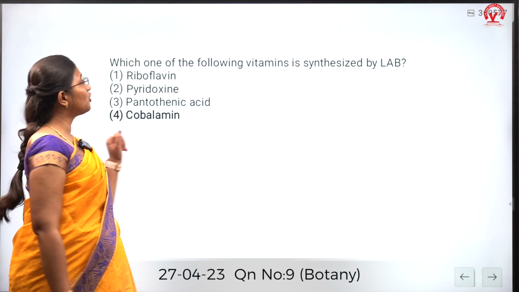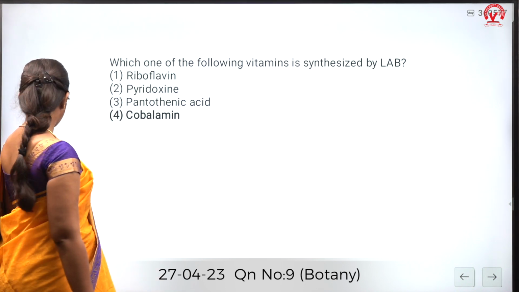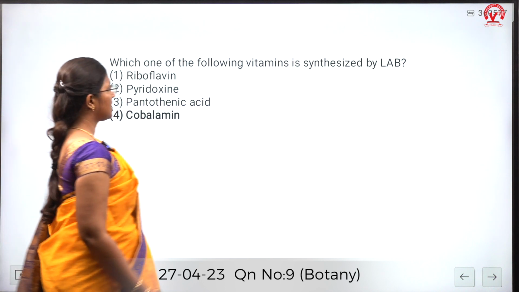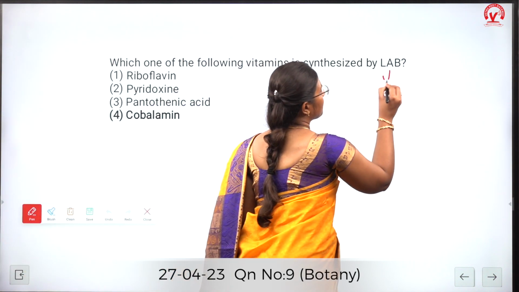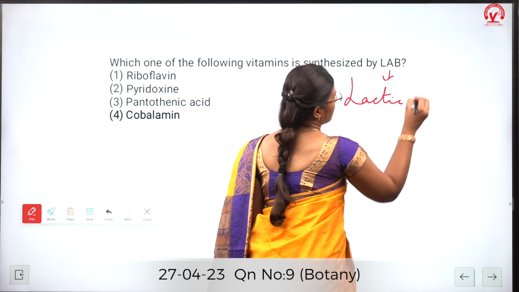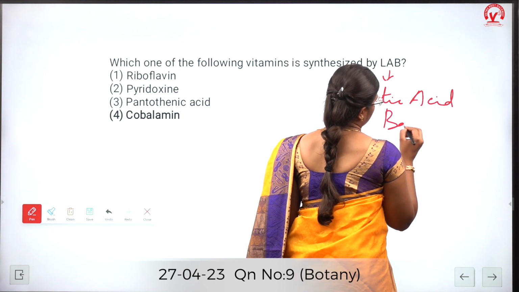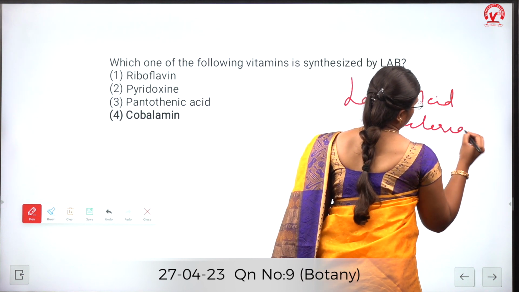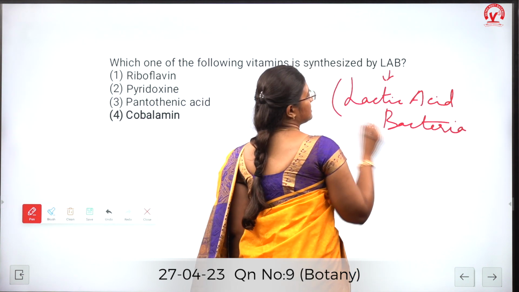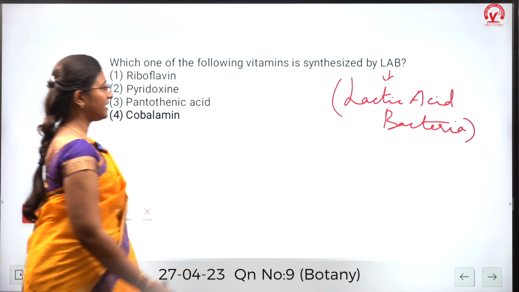Which one of the following vitamins is synthesized by LAB? What is LAB? It is lactic acid bacteria. So where do we find lactic acid bacteria? Give an example.